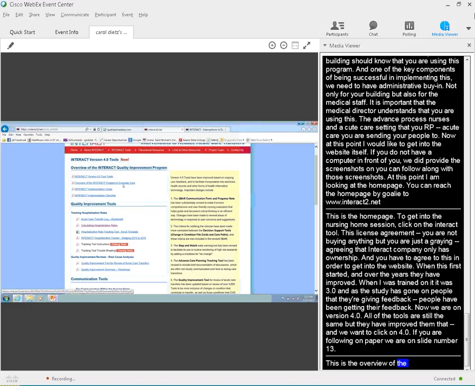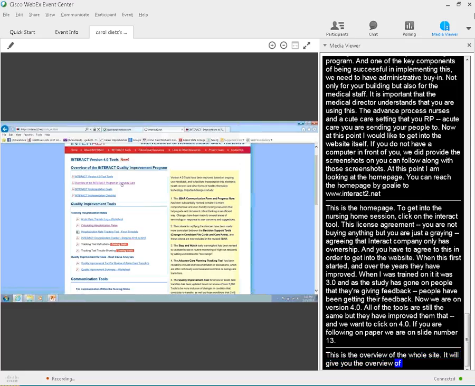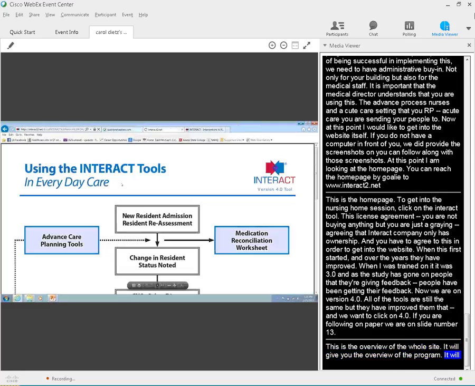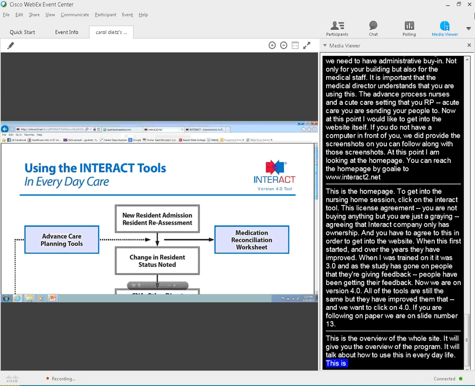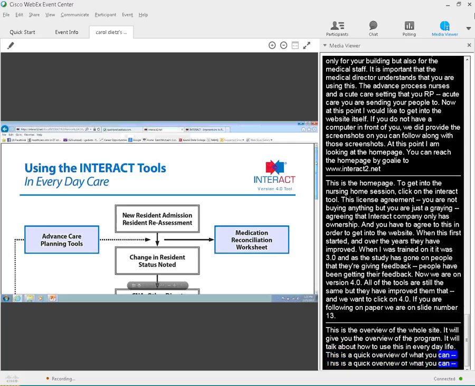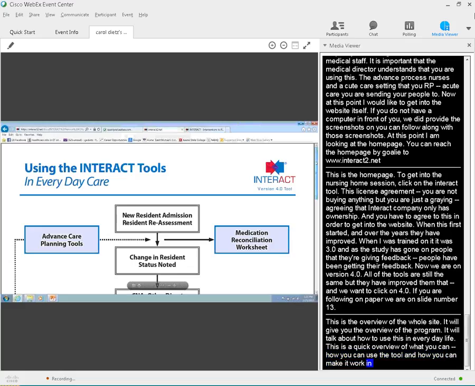It talks about how to use it in your everyday life. And this is just a quick overview of how you can use the Interact tools and how you can make it work in your everyday life. And again, we will be going through this in more depth as we talk about each tool. I will not spend a lot of time on that.